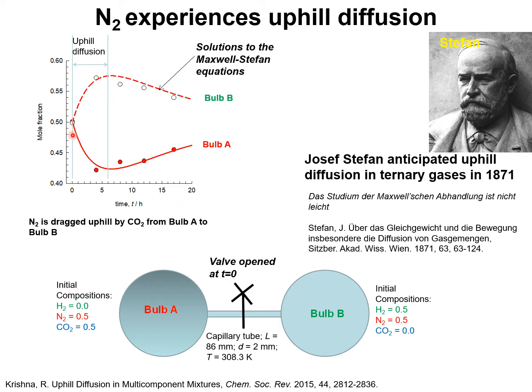The equilibration trajectories for nitrogen in bulb A are indicated by the red circles, and experimental data for equilibration in bulb B are indicated by the open circles.